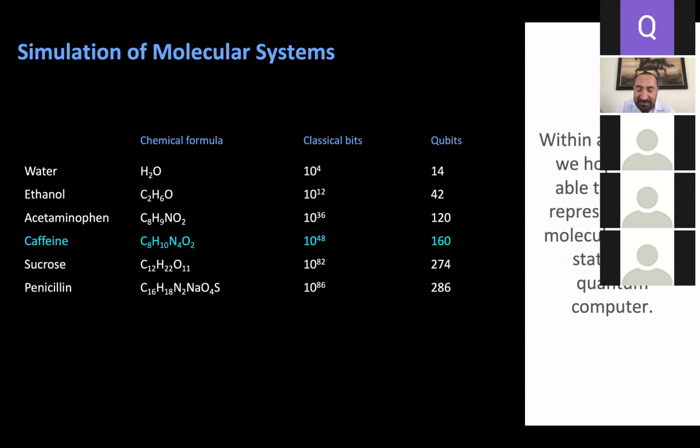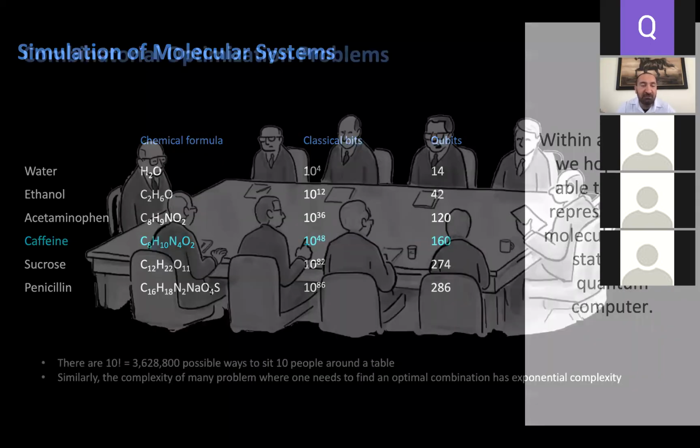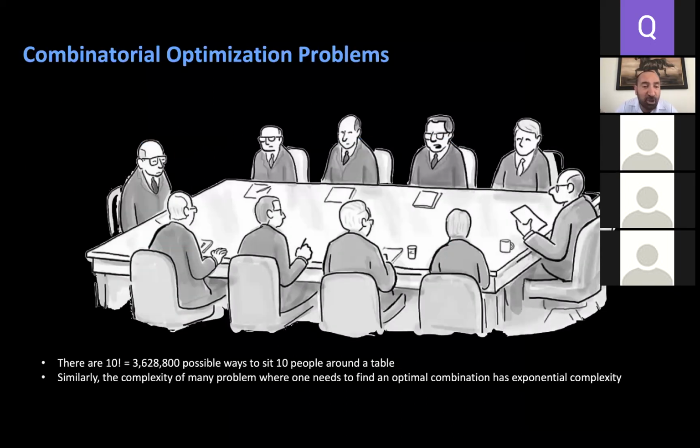But an example that I really liked is also the following one, which comes from the domain of combinatorial optimization. When you sit 10 people around the table, of course I know that the complexity of this problem is factorial in the number of people, but I never stopped for a second to think that 10 factorial is actually 3,628,800.